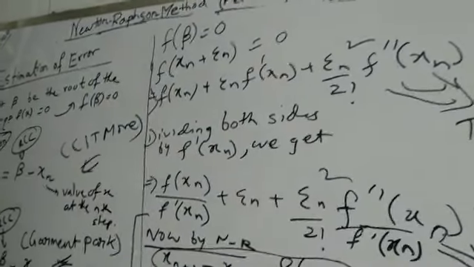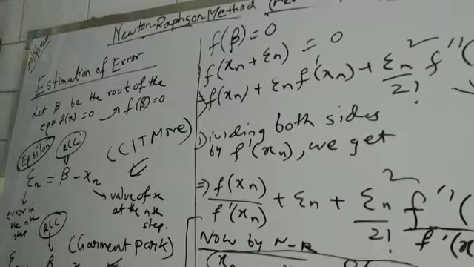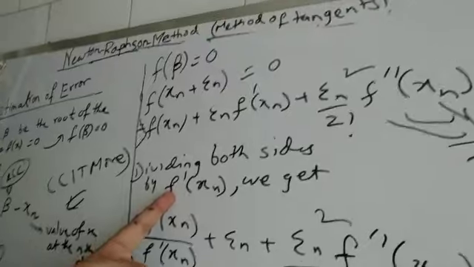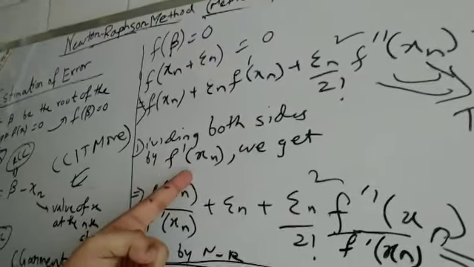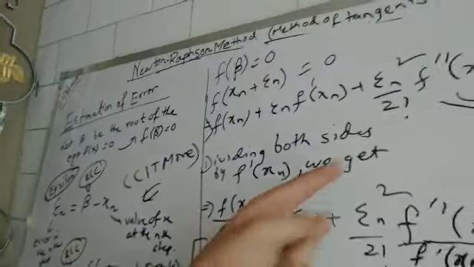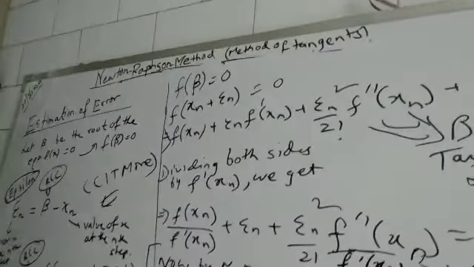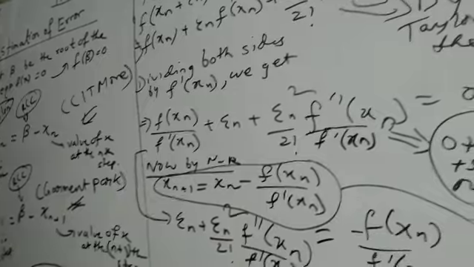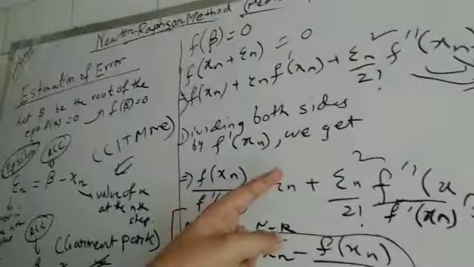Now what we have done here is we are dividing both sides by f dash xn. So what we will get? f(xn) by f dash xn. This f dash xn will vanish, and there will be f dash xn in the denominator for the next term, and I am neglecting the other terms, since this epsilon n is very small.